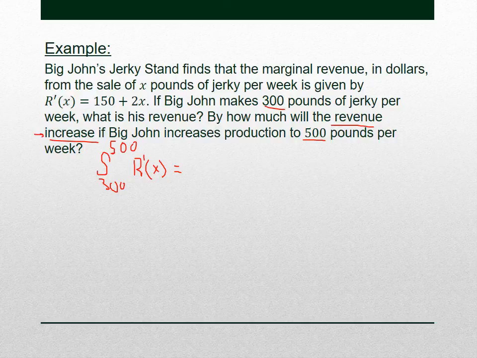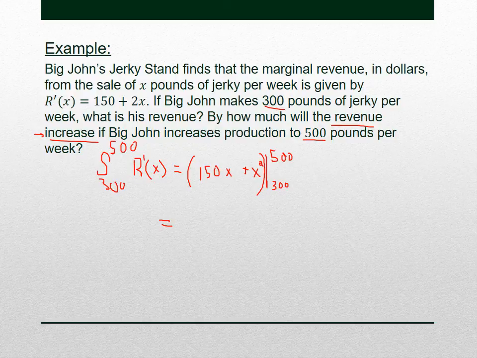We're looking for how the revenue increases from 300 to 500. So if we take the integral from 300 to 500 of not the revenue but the marginal revenue, that's going to give us how this revenue accumulates from 300 to 500, or how it increases from 300 to 500.